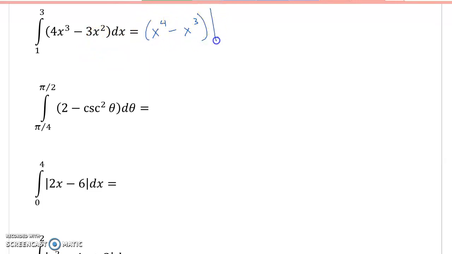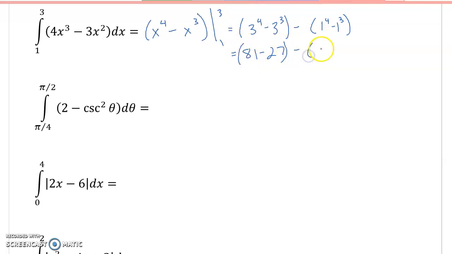We will take that antiderivative and evaluate it at our endpoints of 3 and 1. So when we evaluate that at 3, we get 3 to the 4th minus 3 cubed. When we evaluate at 1, we get 1 to the 4th minus 1 cubed. And then we'll subtract the 2. So this is 81 minus 27 minus 1 minus 1, which is 0.